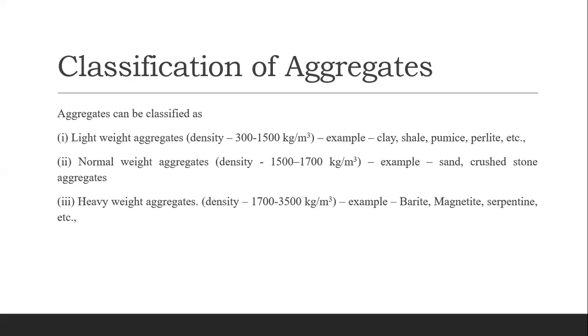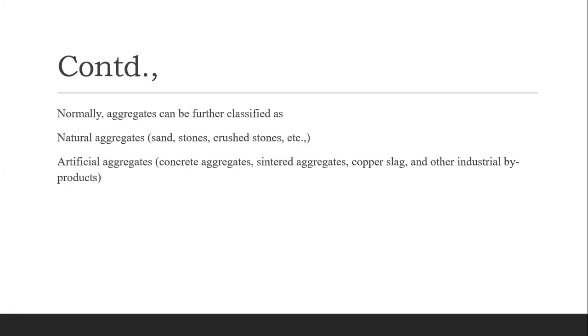The main purpose is that it tends to retard the harmful rays coming from the nuclear reactors. For that purpose, this type of aggregate has been used for the construction of nuclear storage yards.